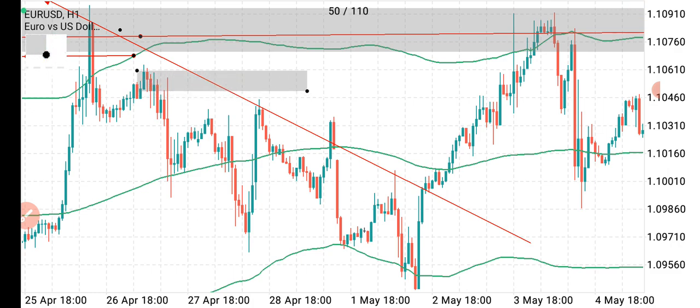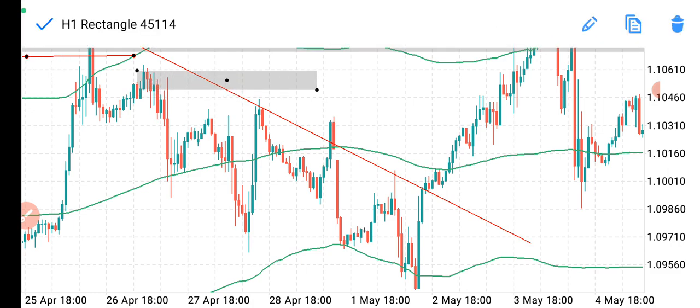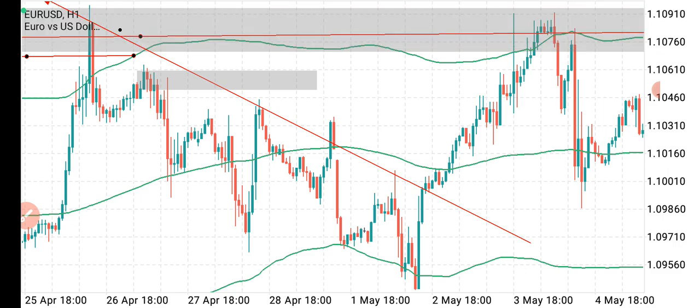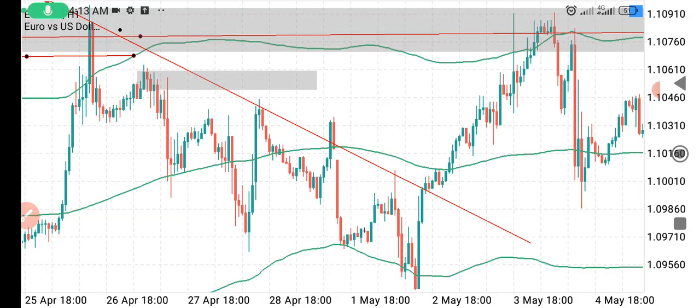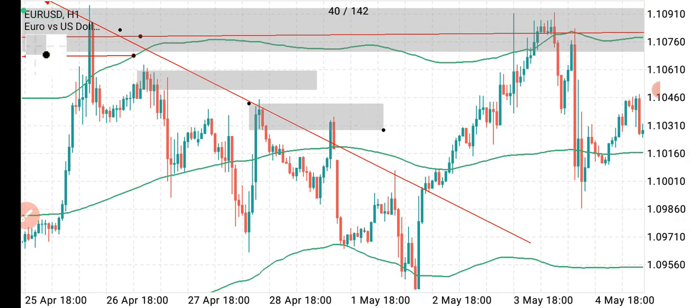This is a structural level. I will mark out my order block because this is a downtrend. Here is another one. And I'll be waiting for price to come into these zones.